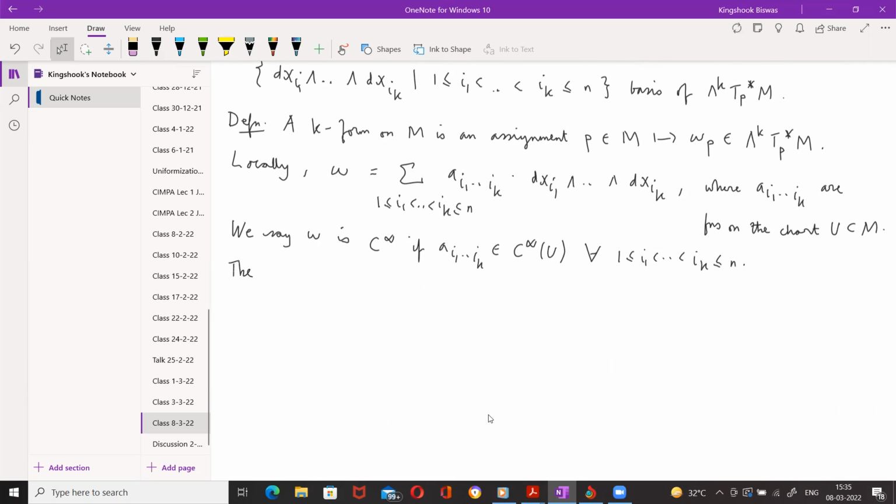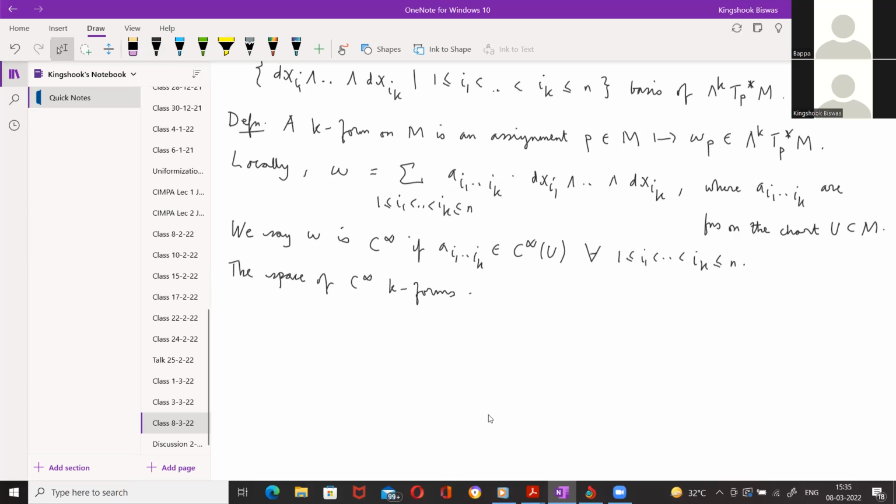So we denote that by omega K M. So the space of C infinity K forms on M is denoted by omega K M.